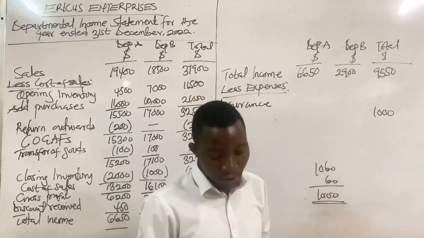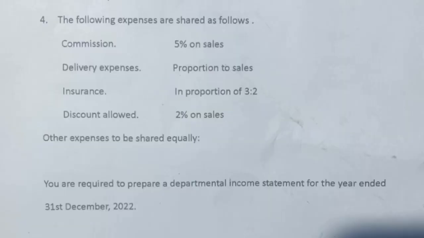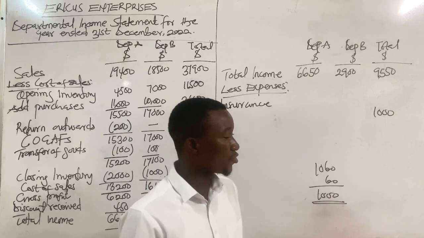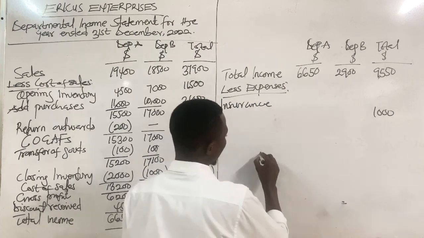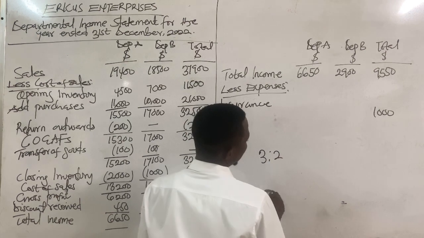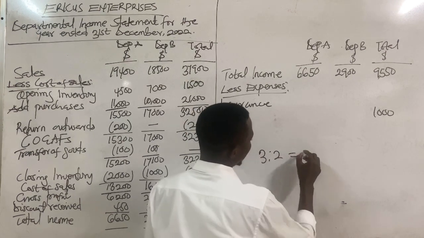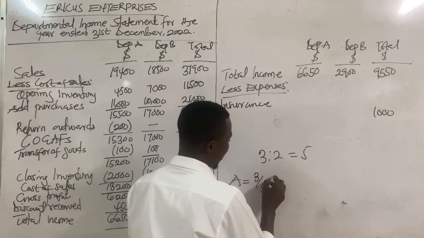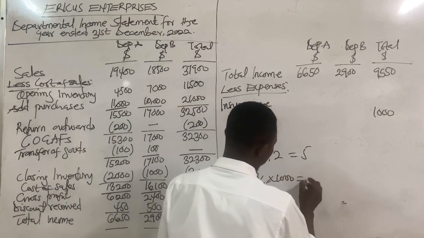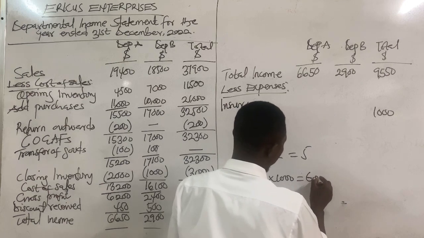Is that clear? So the insurance basis of apportionment is that the following expenses are shared as follows. For insurance, in a proportion of 3:2, so the total ratio is 5. So for Department A, 3 out of 5 multiplied by the 1,000, giving us $600.